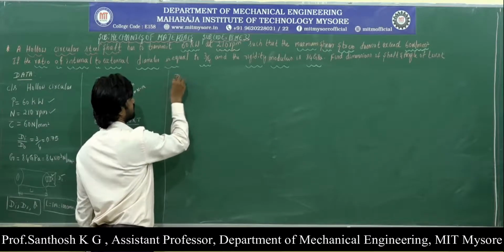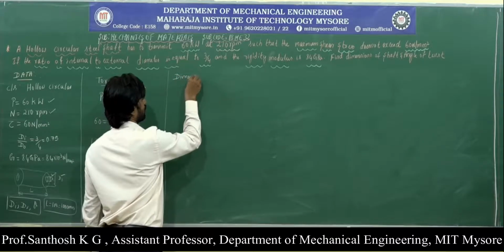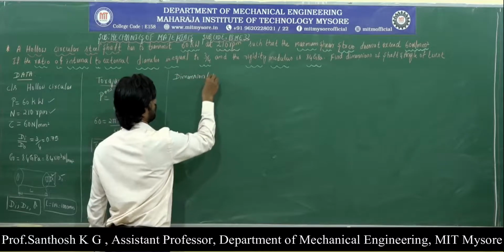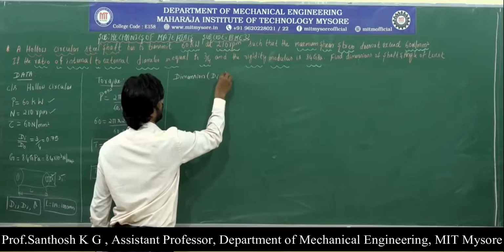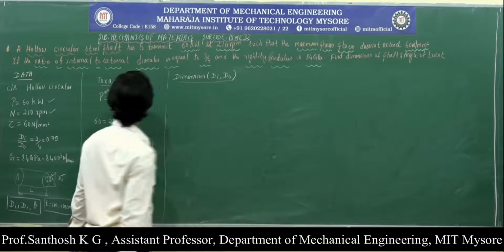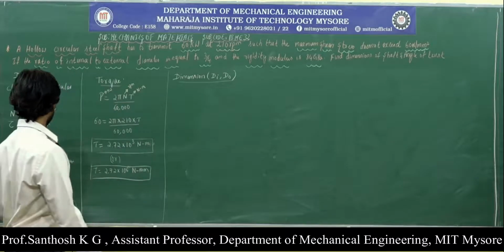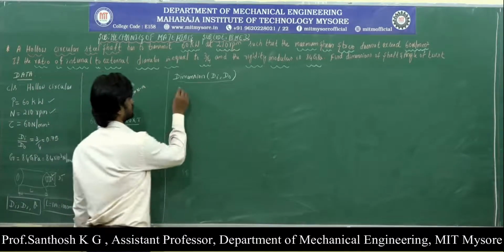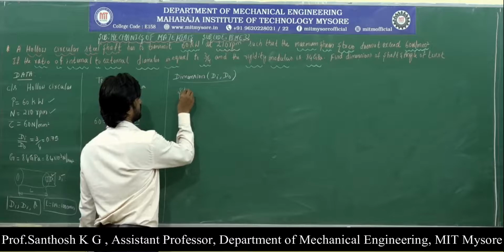Once you calculate the torque, next we shall try to find the dimensions. The dimensions are di and d naught. In order to calculate the dimensions, I will be using the strength equation.